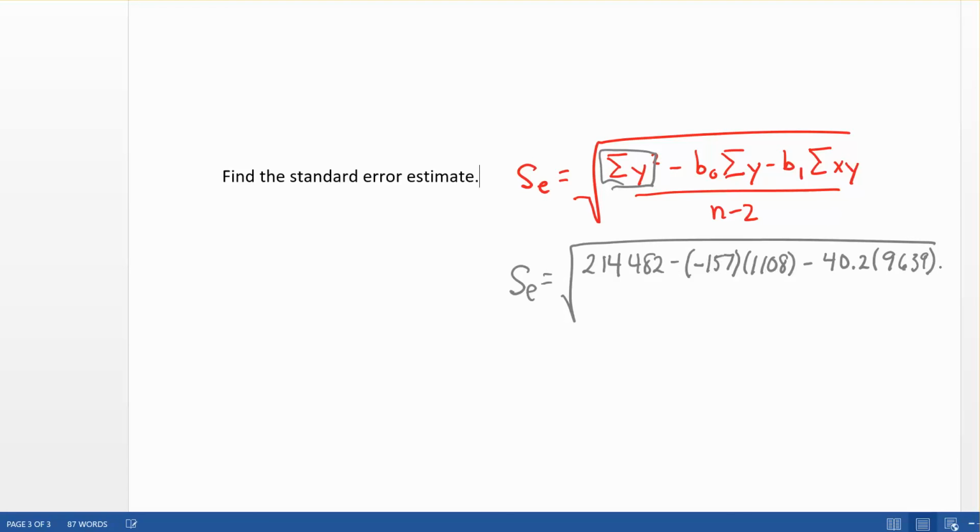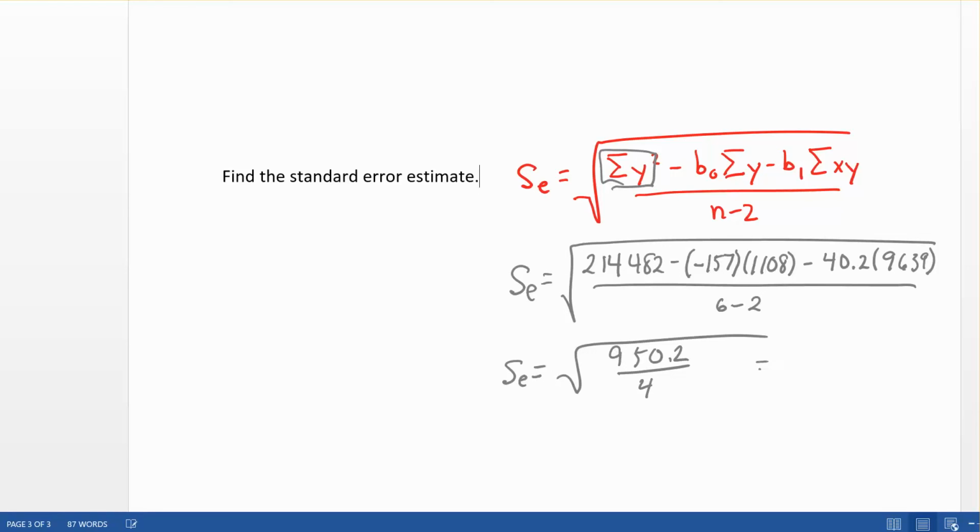If you want to verify that, you can by going back in the video and figuring those yourself if you'd like. And we're going to divide that by n minus 2. There are 6 data points, and we're using minus 2 degrees of freedom. So if we simplify that, we end up on top with 950.2 over 4.